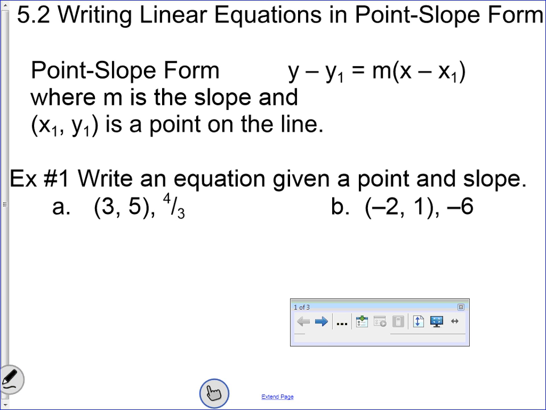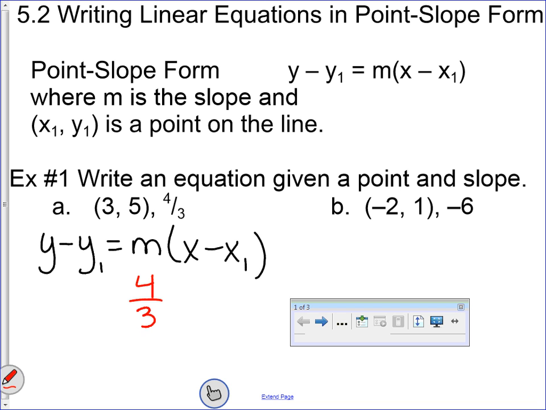So how this looks is first, I'll write down the formula in my example. So y minus y1 equals m times x minus x1. This will help me memorize the formula. Now my m will go in as 4 over 3.